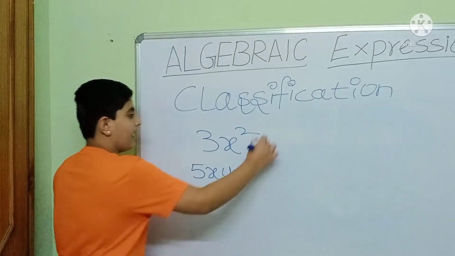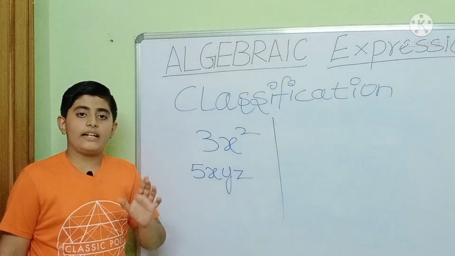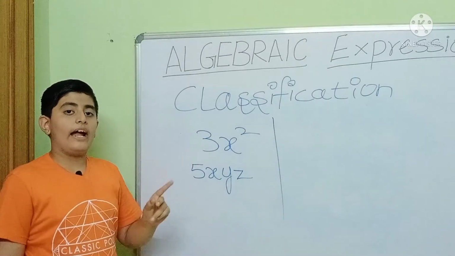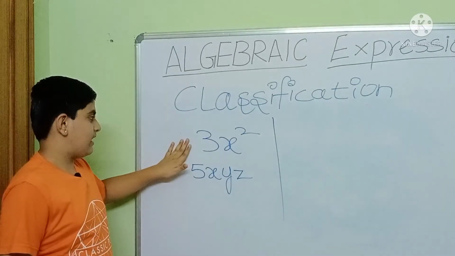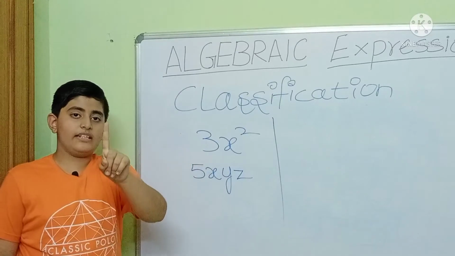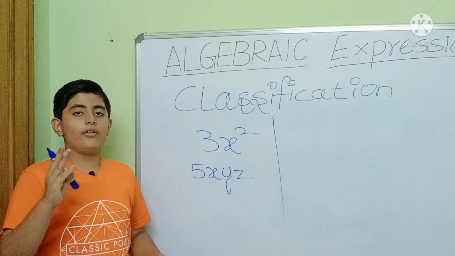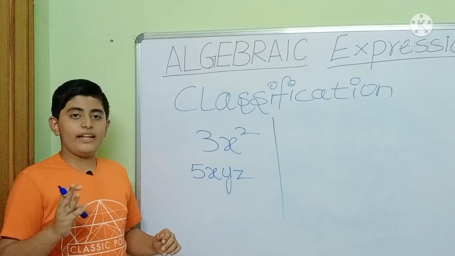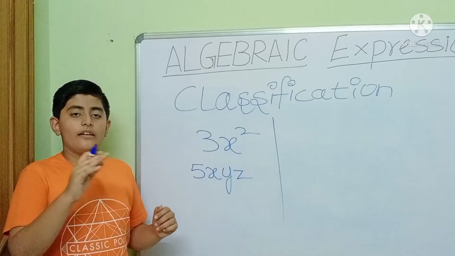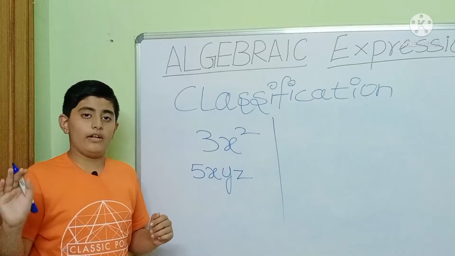Coming to binomial. A polynomial consists of two unlike terms. These are called like terms, and these are not considered as like or unlike because there is only one term. If we take two terms, those are considered into like and unlike. Like terms means the variables are equal and the powers are raised equally.